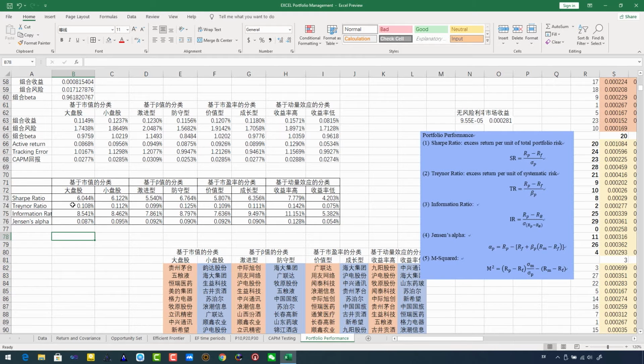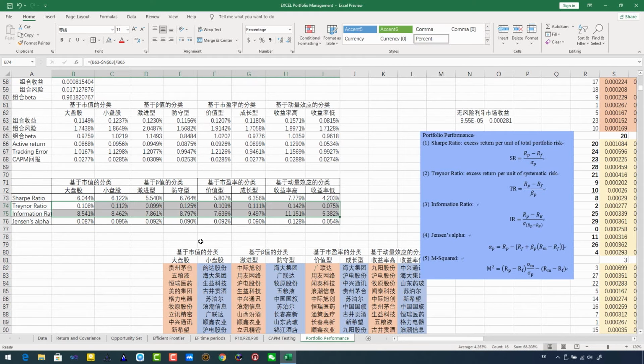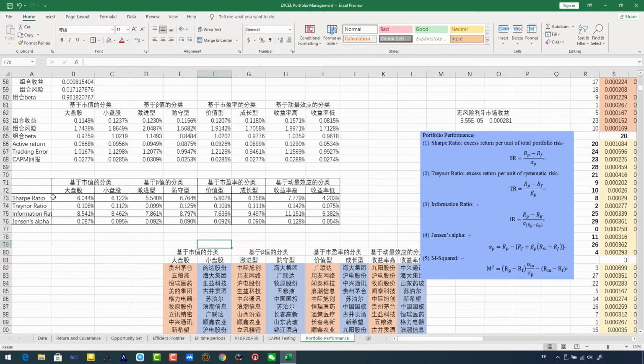And if we compare them together, let's have a look. I think the best one compared across each portfolio should be the momentum effect portfolio, which has the best performance measures. Okay, so that's the case.